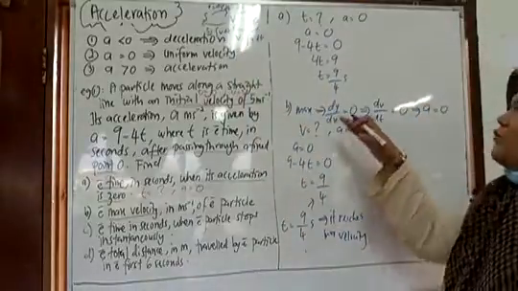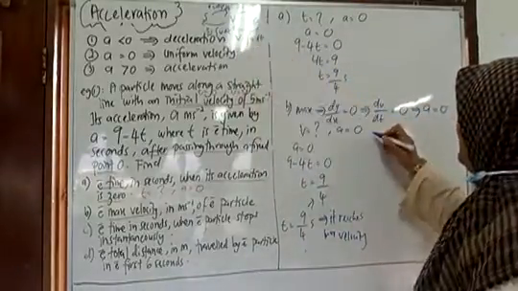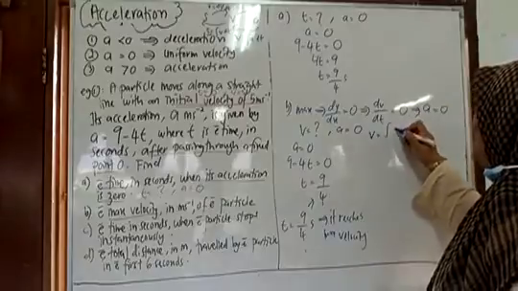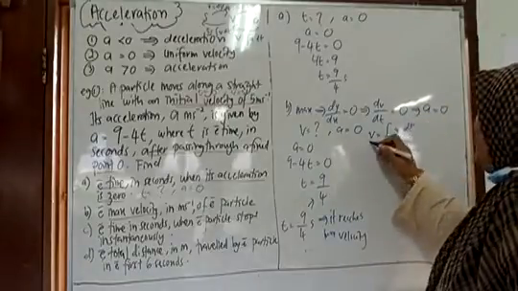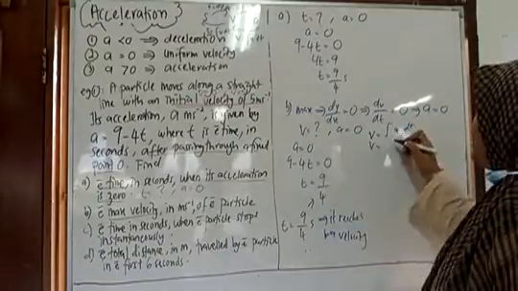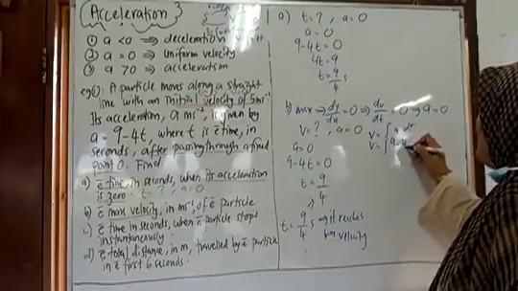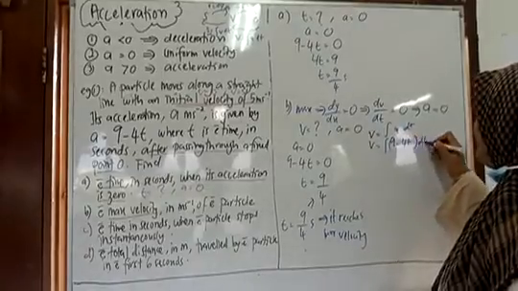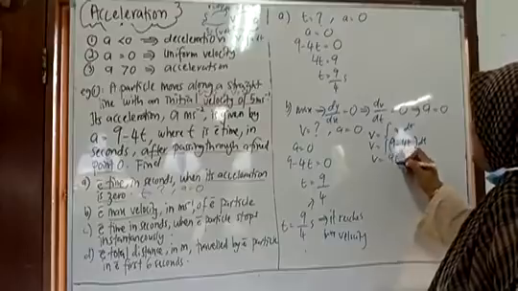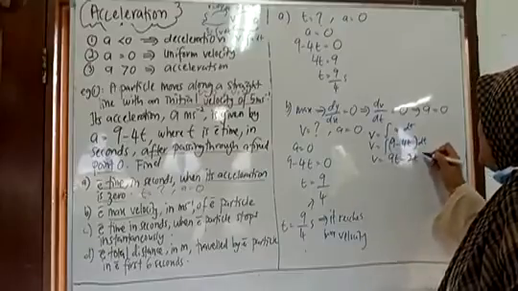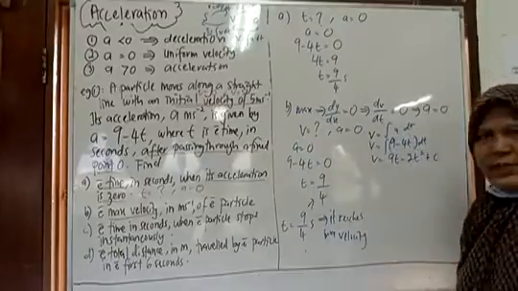So when we want to find v from a, what are we going to do? We are going to integrate a. Our a is 9 minus 4t. So v is equal to 9t minus 2t squared plus c.